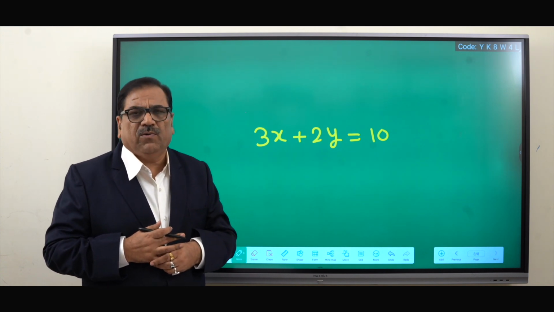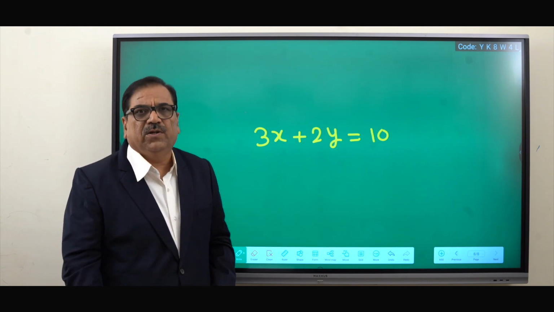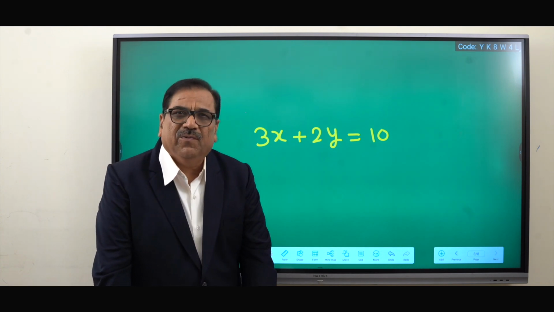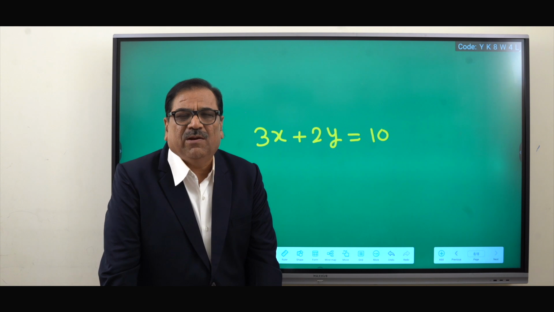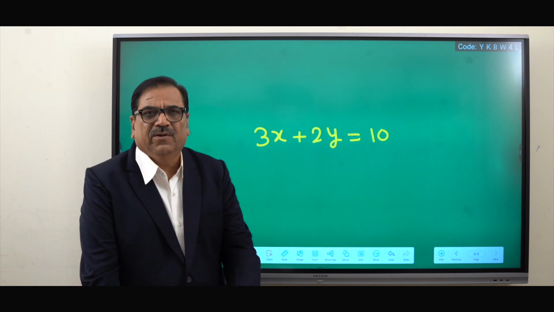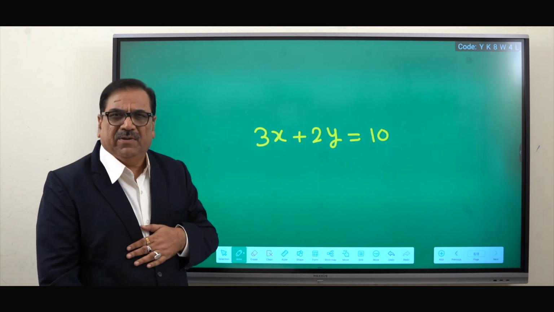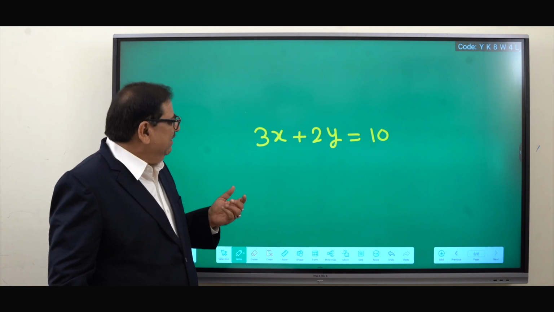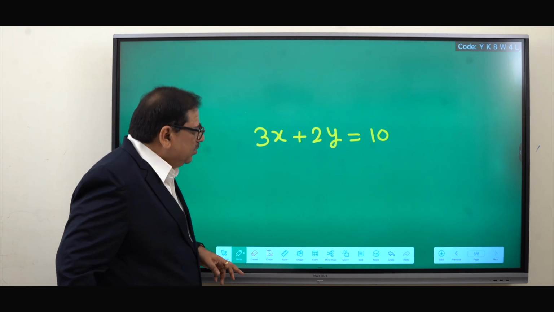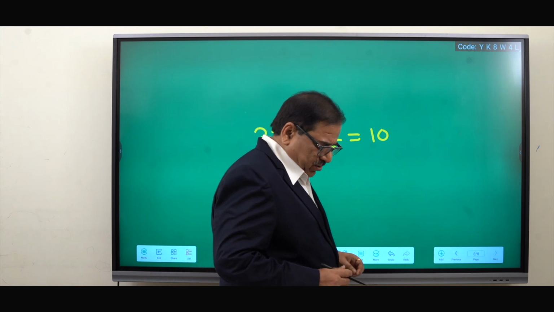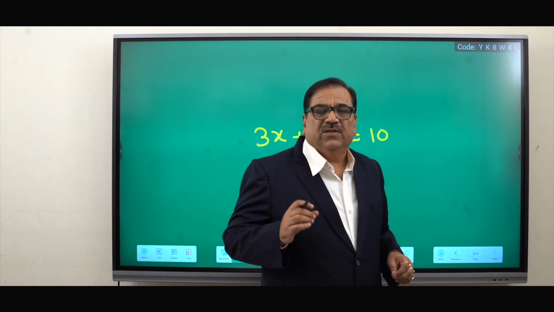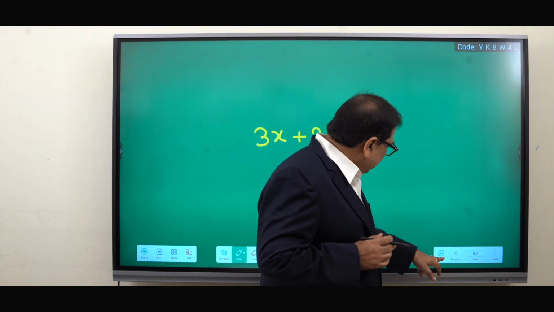It is a very important topic. If you prepare it thoroughly, you will get a minimum of 10 to 12 marks out of 40 in the first paper of mathematics. So friends, now let us proceed to solving simultaneous linear equations.